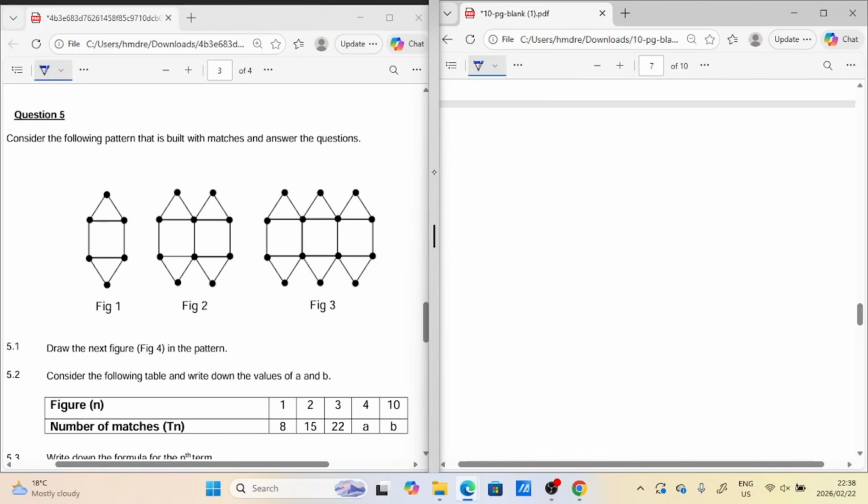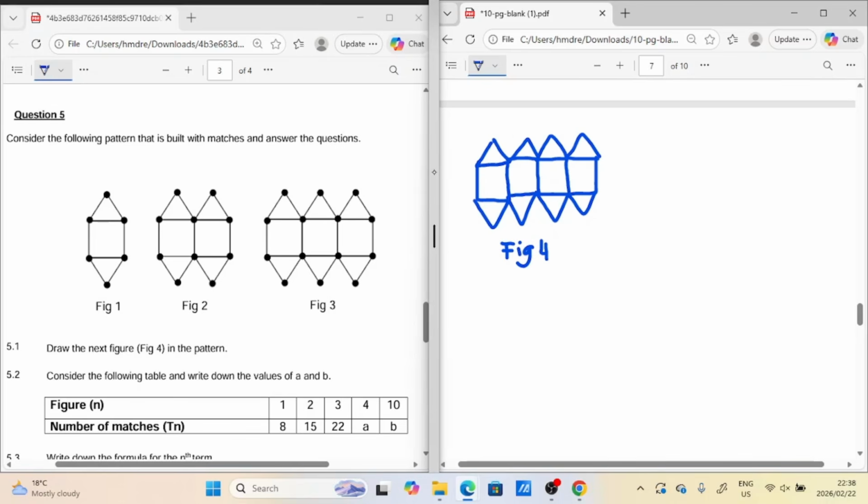So figure 4 is going to be exactly what we had before with one extra of these shapes.